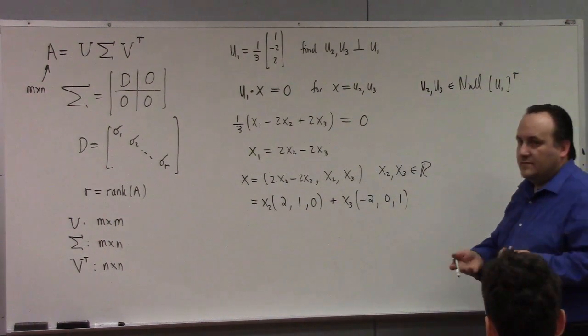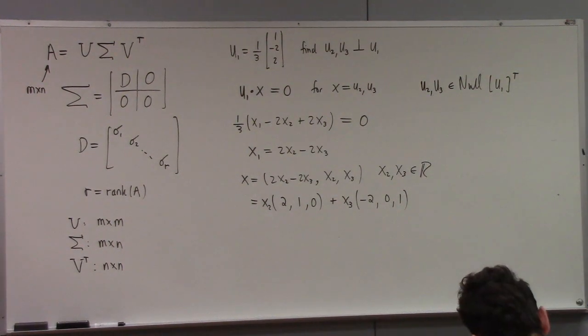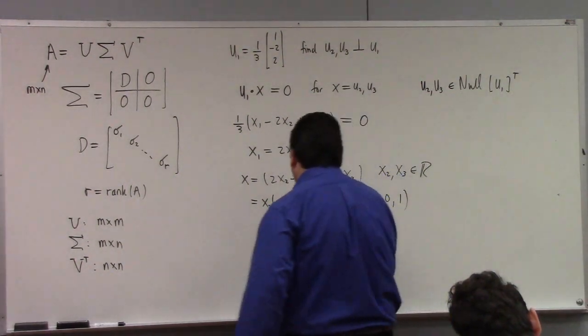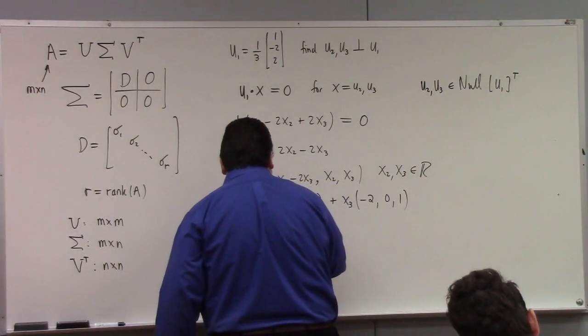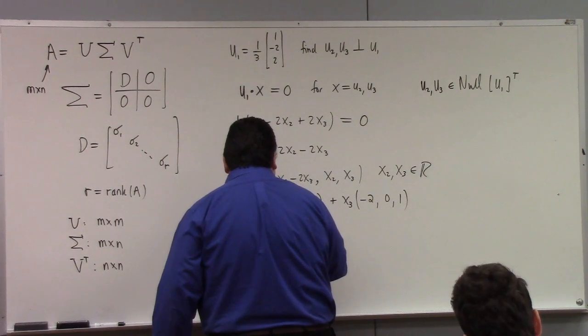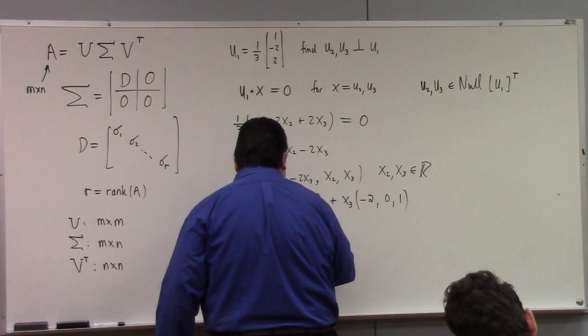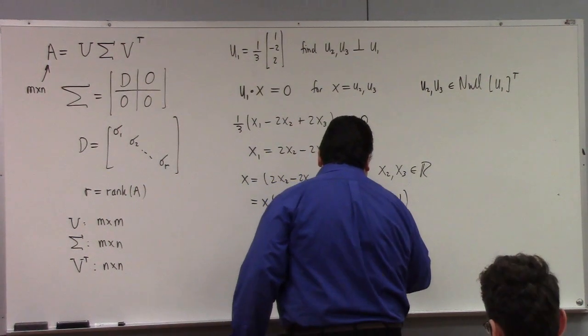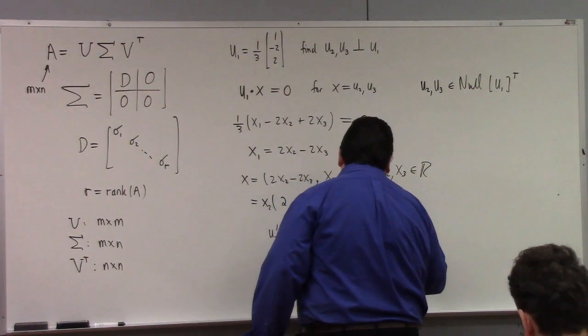That's what we're doing. So the basis for that null space is these two vectors I just found. Let's say u2 prime equals (2, 1, 0) and u3 prime equals (minus 2, 0, 1).